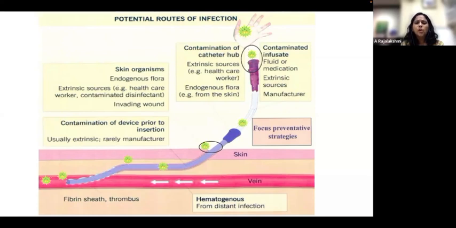How the hub gets colonized and infected is through extrinsic sources, most commonly a healthcare worker who doesn't perform hand hygiene in the appropriate way. Then the hub gets colonized, and later it can get into the catheter and go into the blood, causing bacteremia. It can be endogenous, from the patient's skin, which gets colonized with bacteria.